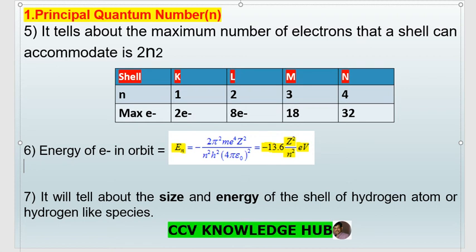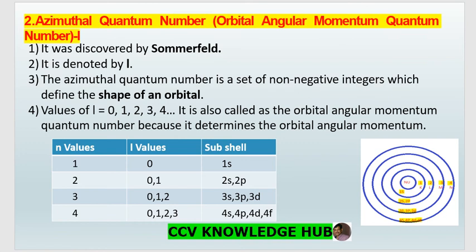Let's move to azimuthal quantum number. Azimuthal quantum number is indicated by small l, and it was discovered by Sommerfeld. What we can find by using azimuthal quantum number is the shape of the orbitals. It is a set of non-negative integers which defines the shape of the orbitals.